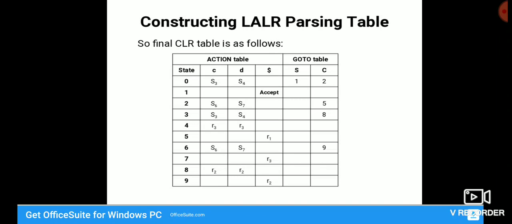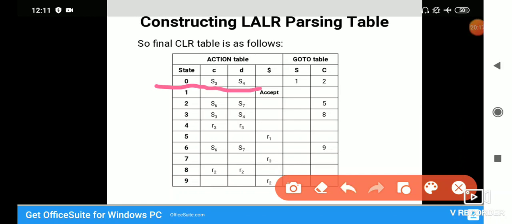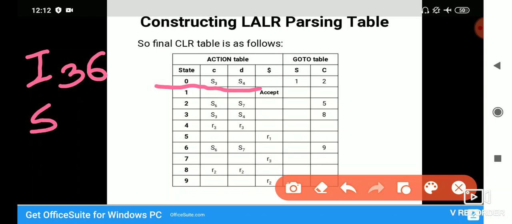So if you observe in this particular table, in the 0th row, you have S3 and S4 written under the C and D columns. But since S3 is derived from I3, and I3 is now merged as I36, S3 will be written as S36.